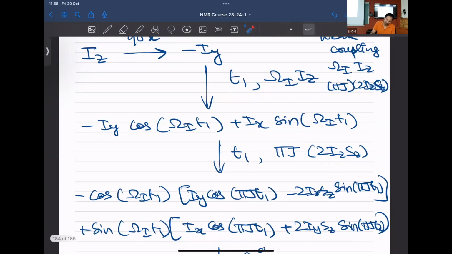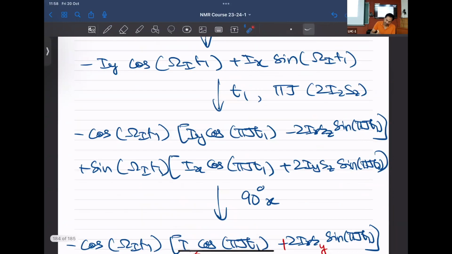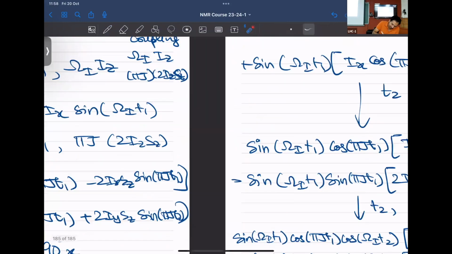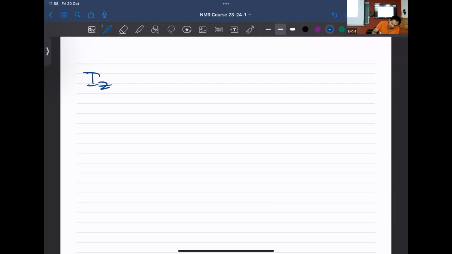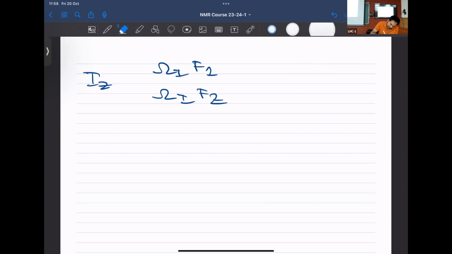What I'm trying to impress upon you is that when you started from IZ, you got one omega I in F1, omega I in F2, and you get another one, which is omega I in F1 and omega S in F2.